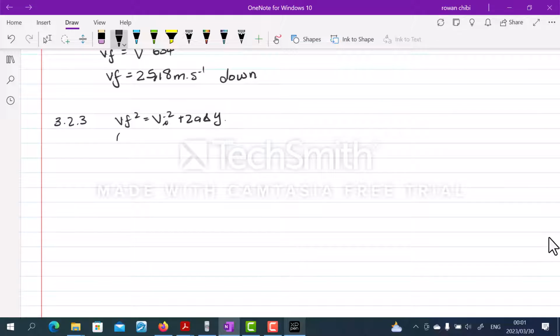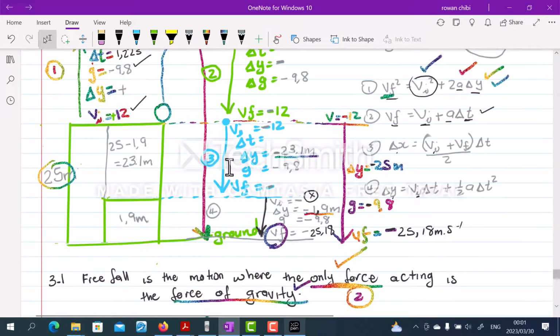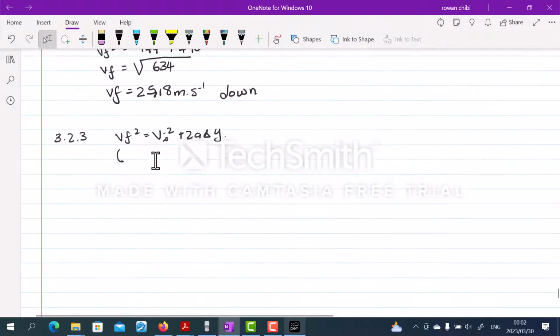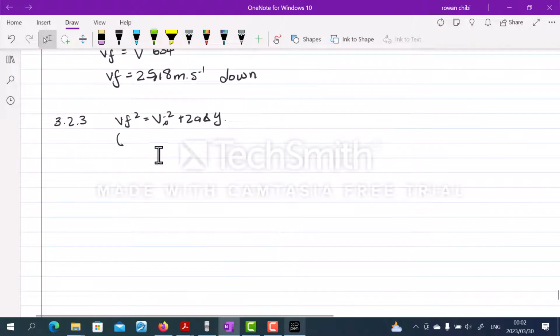What is the final velocity? The final velocity here is negative 25,18.